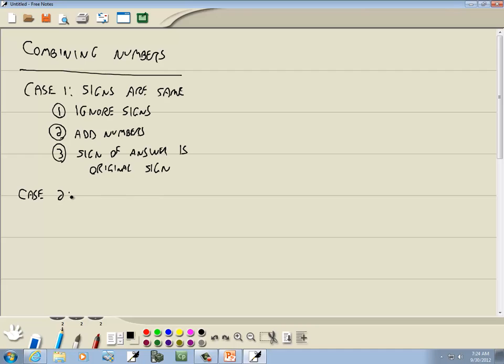Now we have case 2. This is where signs are different. We would, again, ignore signs. When I say signs are different, one's positive, one's negative.